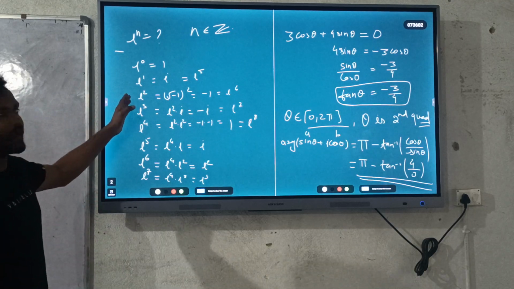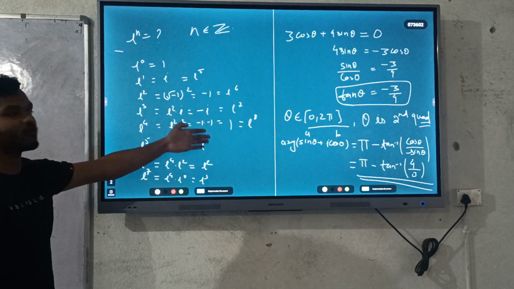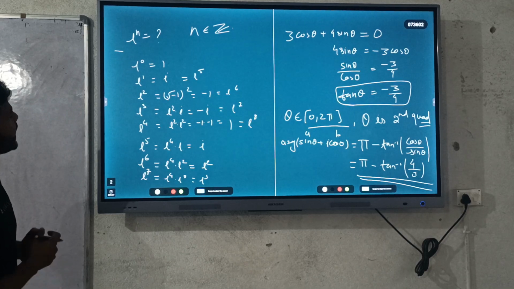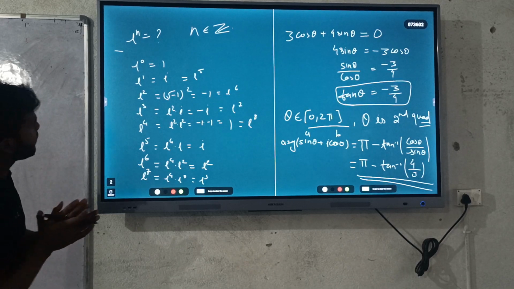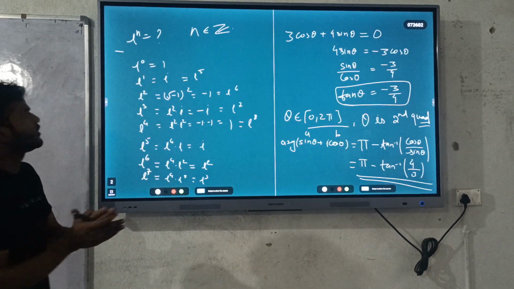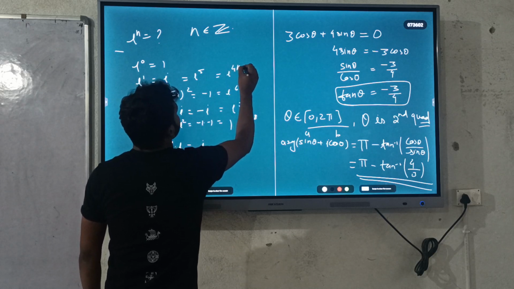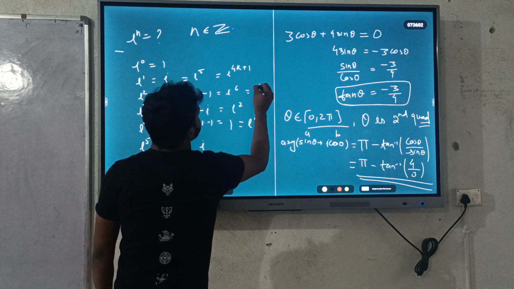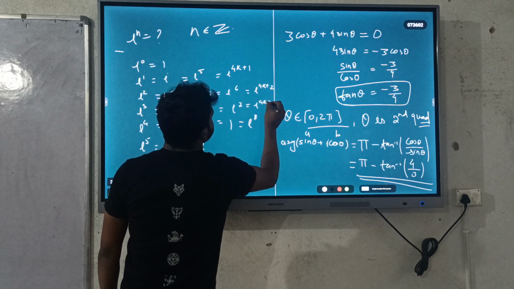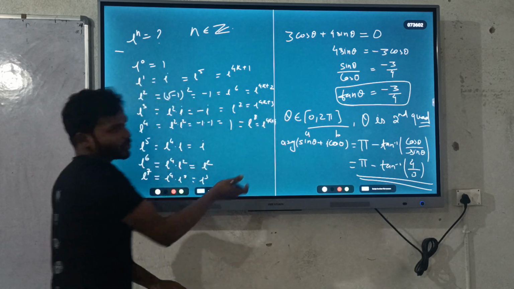So every integral power of i has only 4 values. It can be i, -1, -i or 1. It doesn't have any other values than these. If we generalize this, the power can be written as a multiple of 4 plus something: 4k plus 1, 4k plus 2, 4k plus 3, and 4k plus 4, which is again a multiple of 4.